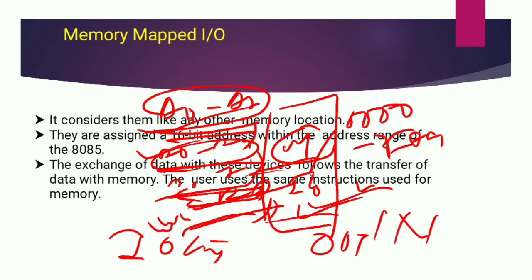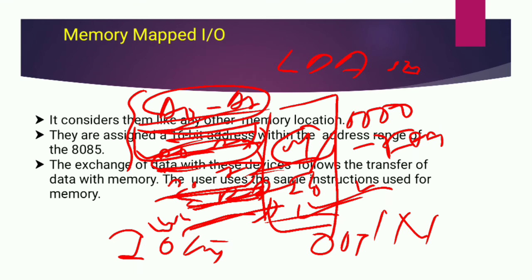How is the memory operation performed? When memory related instructions like LDA and STA are used, the microprocessor places a 16-bit address, that is A0 to A7 and A8 to A15, on the address bus. RD bar is activated for read operation and WR bar is activated for write operation.